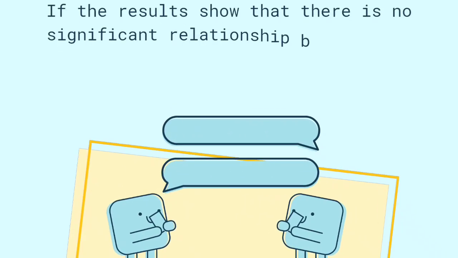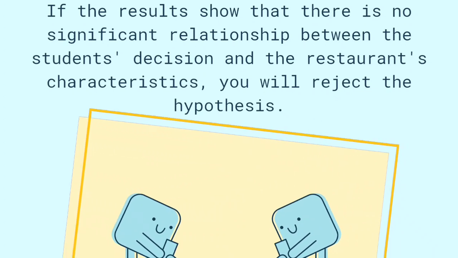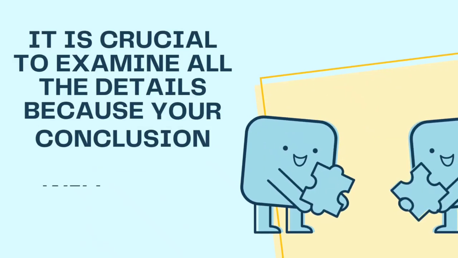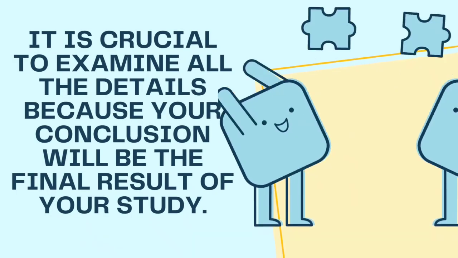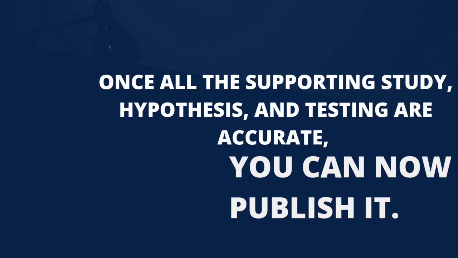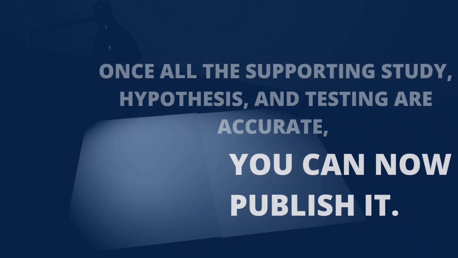If the results show that there is no significant relationship between the student's decision and the restaurant's characteristics, you will reject the hypothesis. It is crucial to examine all the details because your conclusion will be the final result of your study. Once all the supporting study, hypothesis, and testing are accurate, you can now publish it.